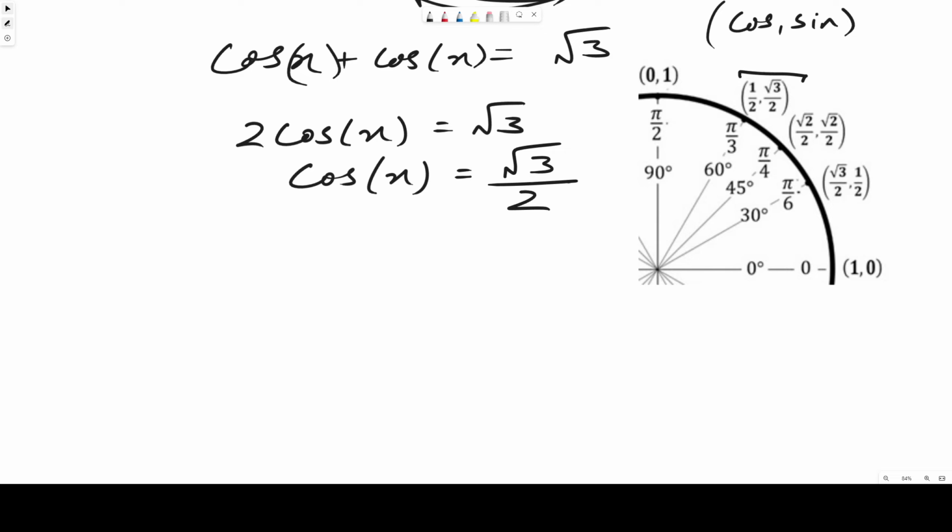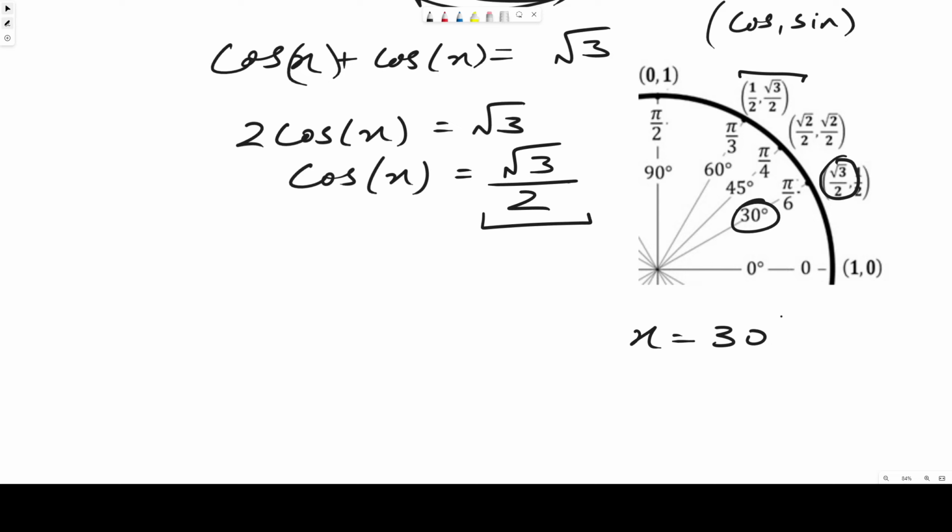Okay, so now this asks between 0 all the way to 360 degrees. First of all, we have to know where cos of x is root 3 over 2. We know that cos of x is root 3 over 2 over here, and that will be the angle of 30. So one of the possible angles is x is equal to 30 degrees.